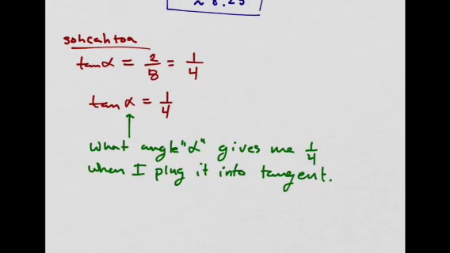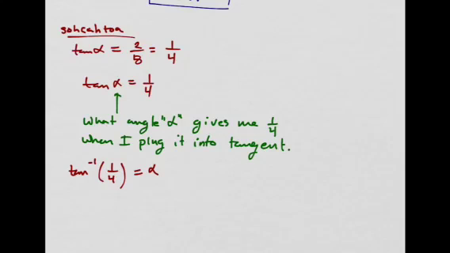It'll be more understandable if you're in degrees. I'm just taking 1/4, that's 0.25, and then doing arctangent or inverse tangent of that. And my alpha is approximately 14.04 degrees, if I round to 2 decimal places.